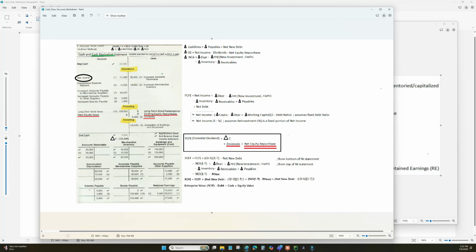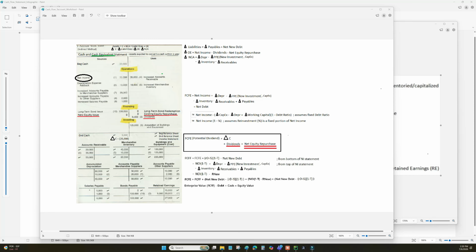Net equity repurchase means both issuing and repurchasing stock; it's the net repurchasing that's done. The change in non-cash assets is the change in depreciation minus property, plant, and equipment, also known as CapEx, minus inventory, minus accounts receivable.